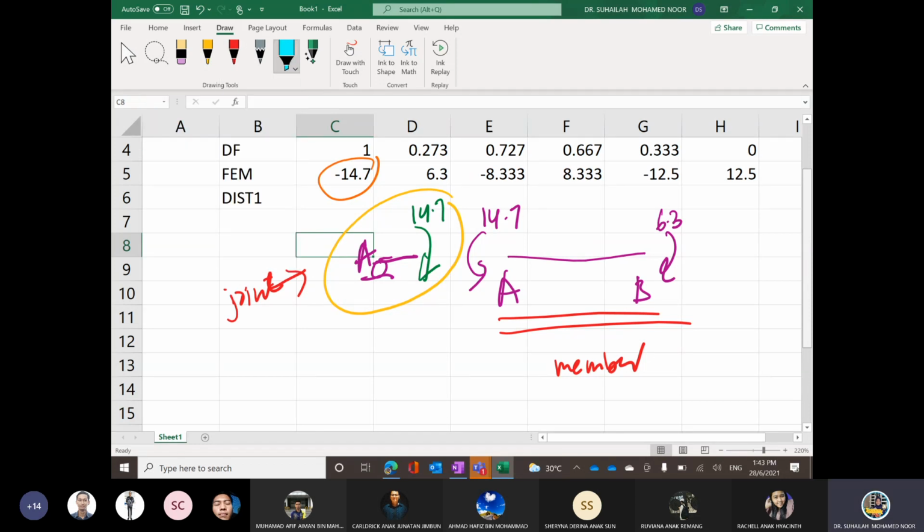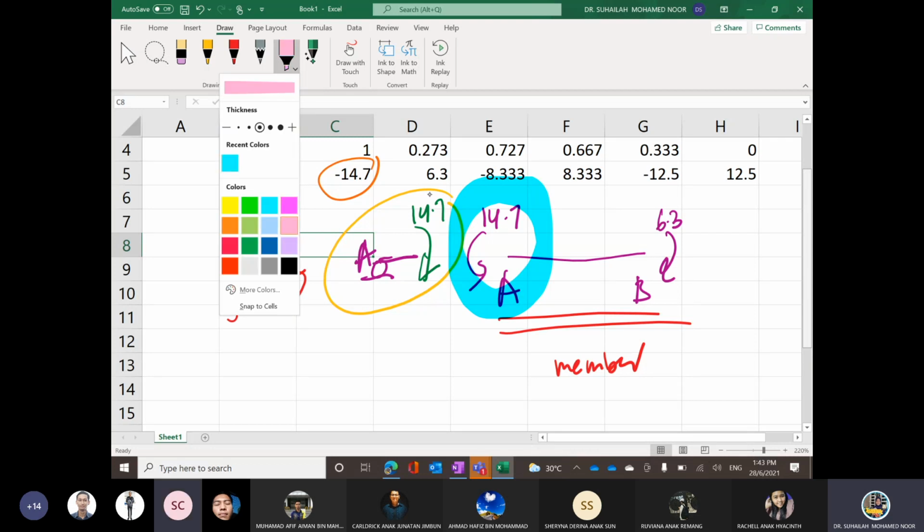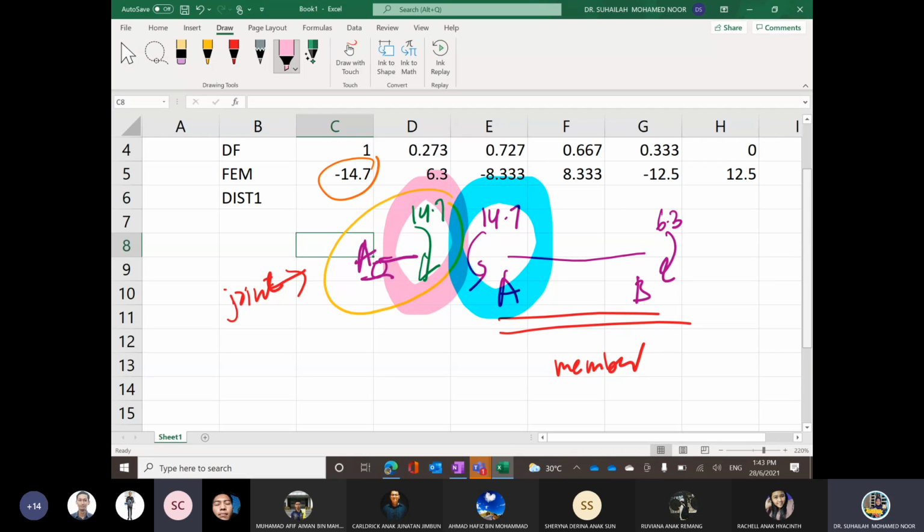Pink or green? Positive. The positive one is the joint moment because the member end moment and joint moment are opposite conditions.